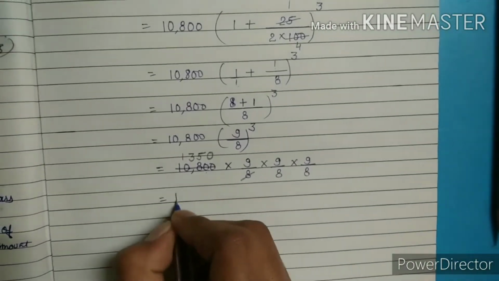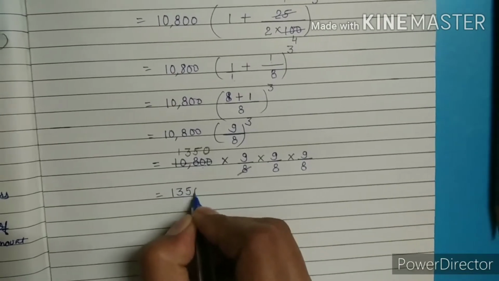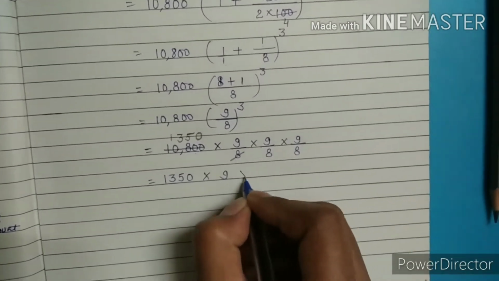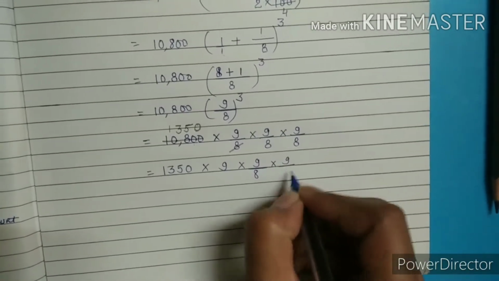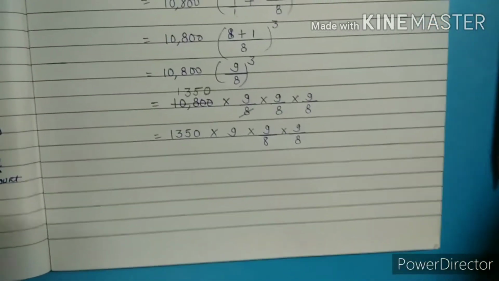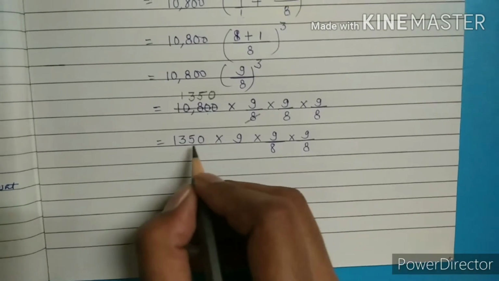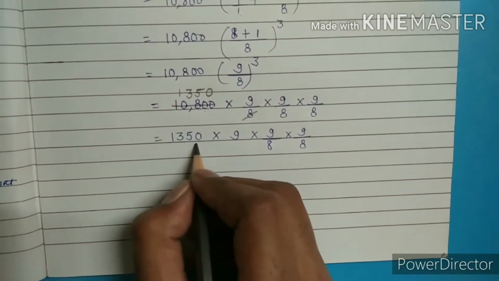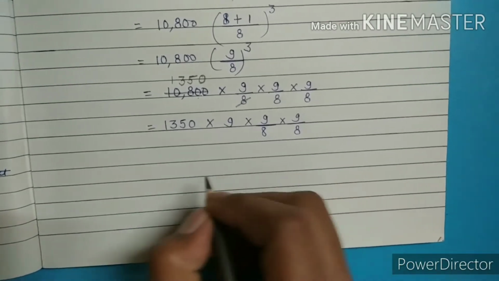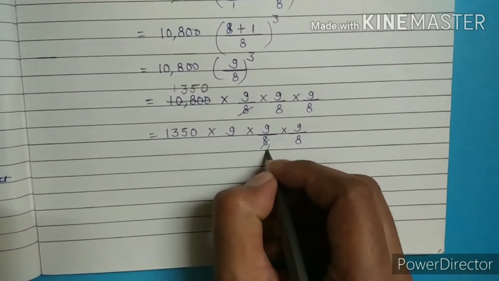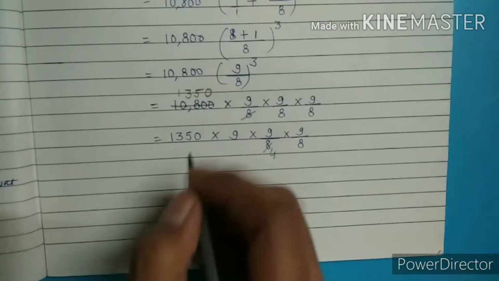So the new thing that we have is 1350 multiplied by 9, multiplied by 9 by 8, multiplied by 9 by 8. Now again 8 and 1350 are both even numbers, so we reduce them by the table of 2. 2 4s are 8.